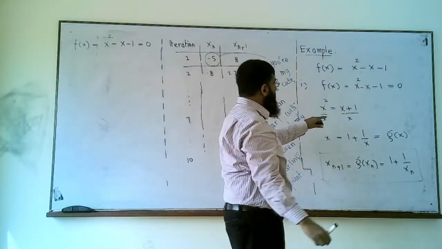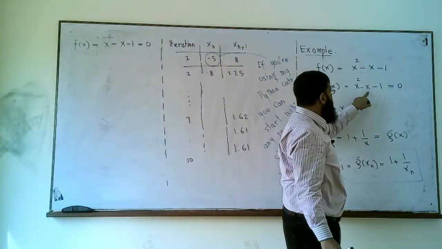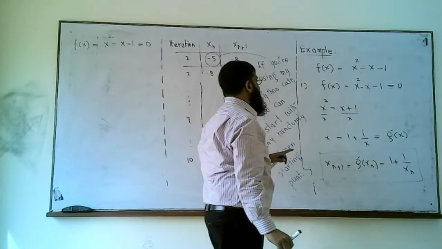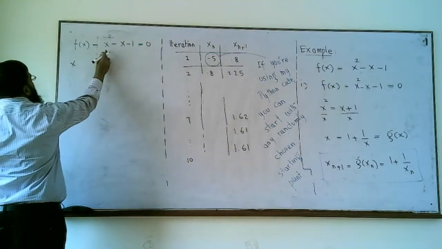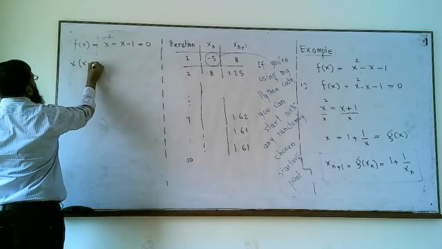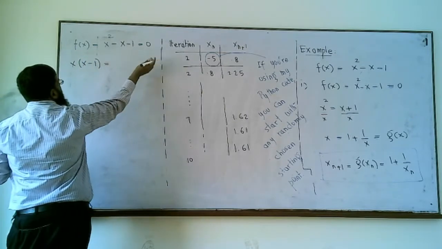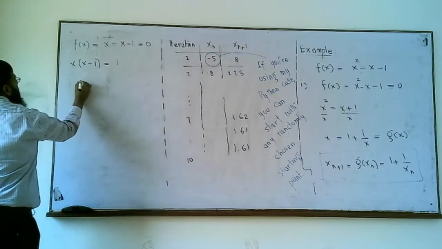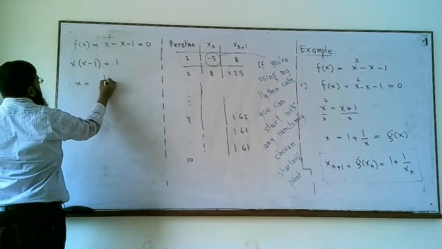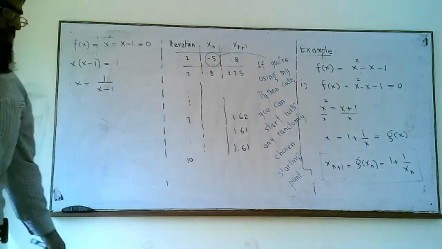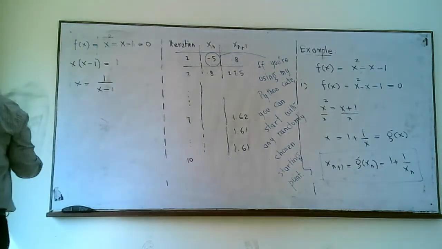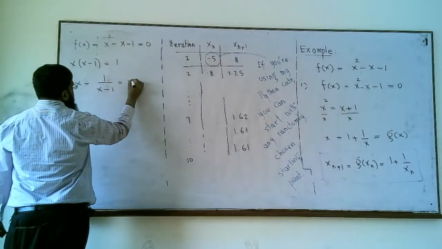Previously we shifted the minus x and minus 1 to the right hand side. Alternately, we can do it like this. We can take x common, x(x minus 1), and take the 1 to the other side of the equation. So x can also be written as 1 over x minus 1, which is of course g(x).